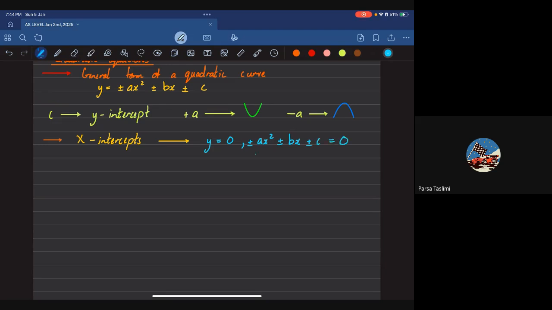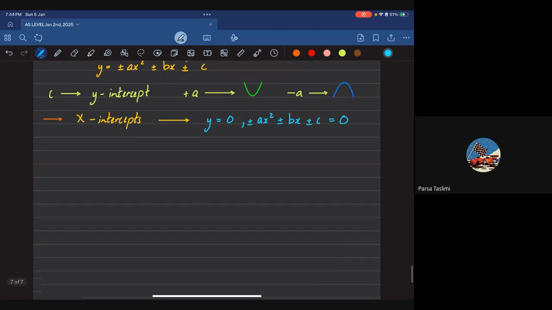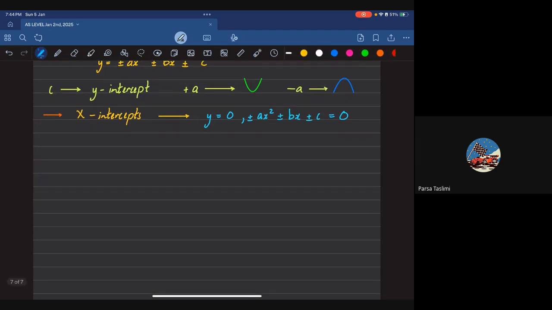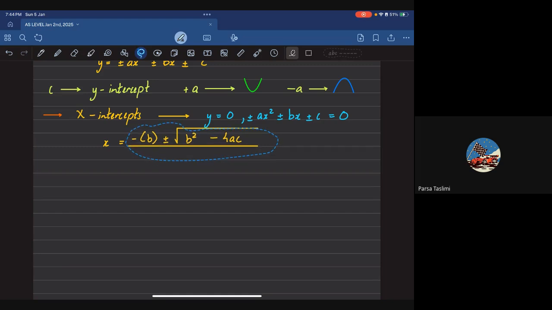Then you're going to simply use your quadratic formula, which is x is equal to minus b plus minus under root b squared minus 4ac over 2a.